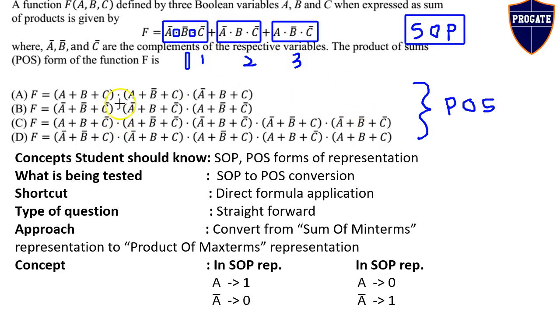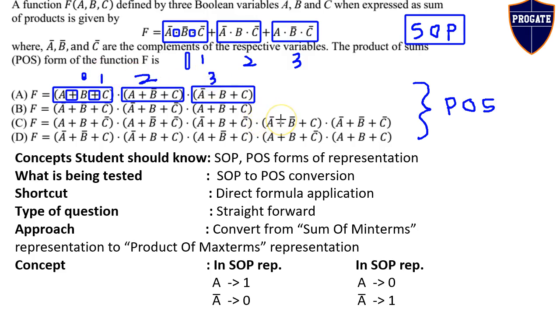If you see the options, each option again has three terms: term number 1, term number 2, term number 3, and each of these is a sum term, because in each term three variables are added using the additive operator. So this is the sum term number 1, sum term number 2 and sum term number 3.